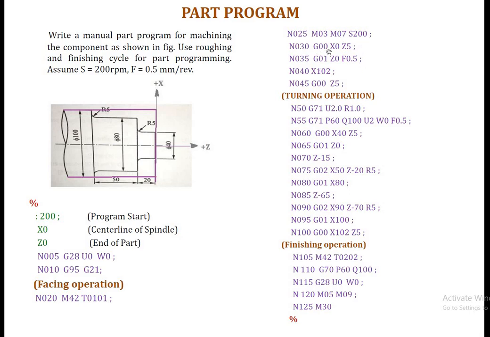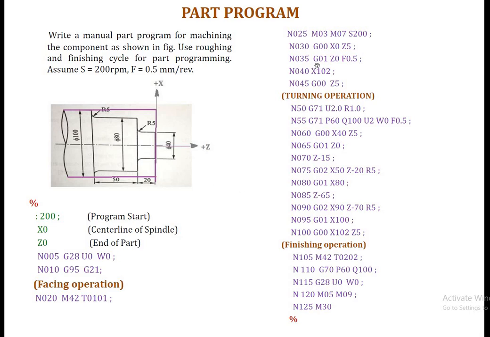Next, G00, a rapid traverse to this position, X0 and Z5. Z5 means 5 mm distance from this point. So rapid movement of the cutting tool takes place to this position, X0 and Z5.